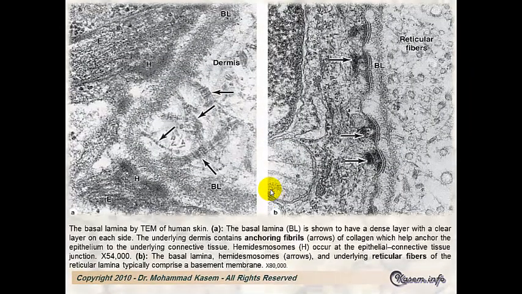In this electron micrograph, we see two images: the basal lamina by transmission electron microscope of human skin. In A, the basal lamina, BL, is shown to have a dense layer with a clear layer on each side.